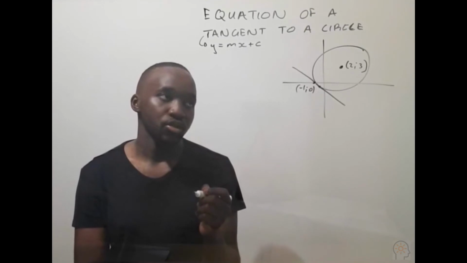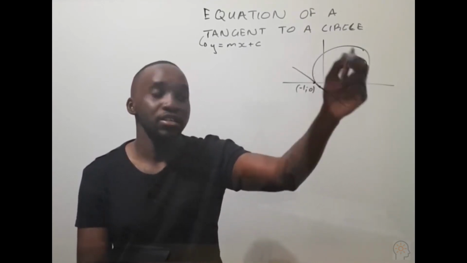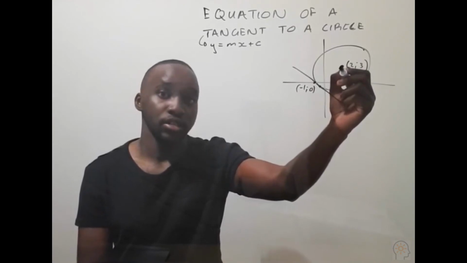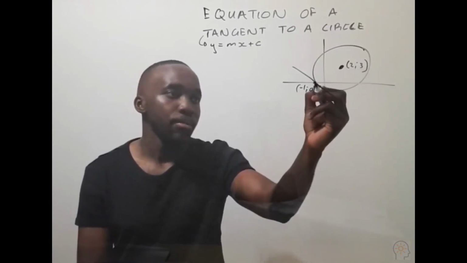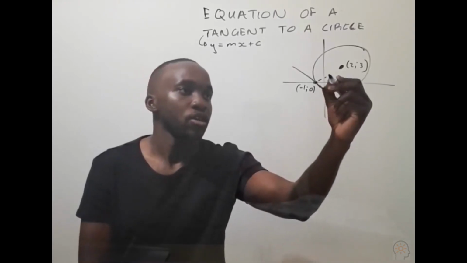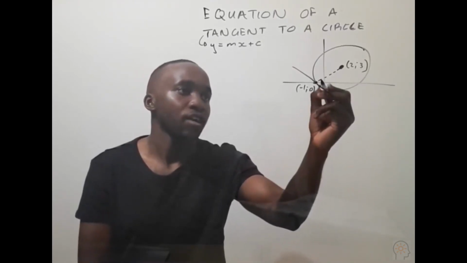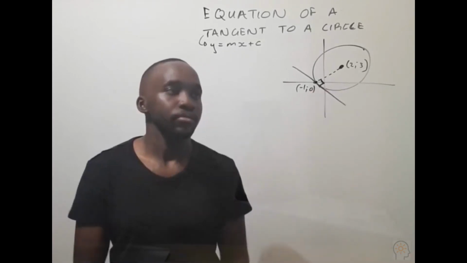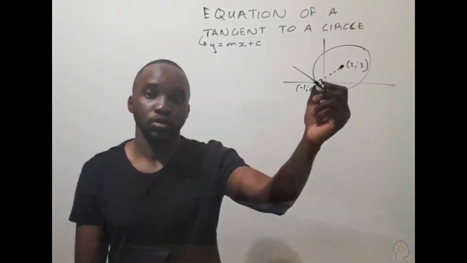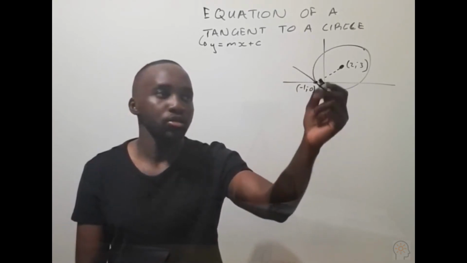What will help us is keeping in mind that this is a circle, and anytime we're given the center of a circle and a point where a tangent meets the circle, we will always have this law. This is the radius of our circle, this is the tangent to our circle.